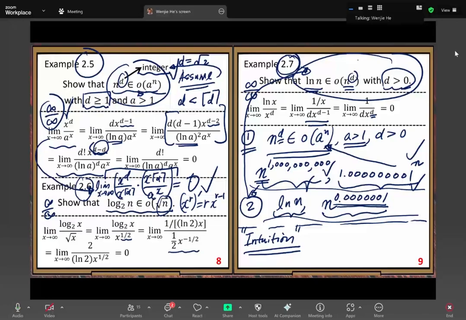So you apply the results. Even if our results are against your intuition, you need to trust them. So that's my comments related to the current homework assignment.